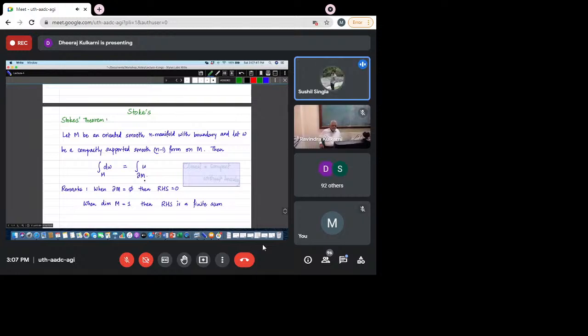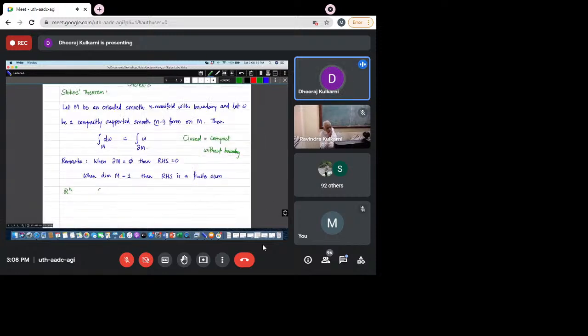My omega is compactly supported, right? So instead of looking at complete M, you can look at a subspace of M. For instance, take the usual case of Rn. It does not have a boundary, and let's say I have omega compactly supported. Actually you brought up an interesting point.